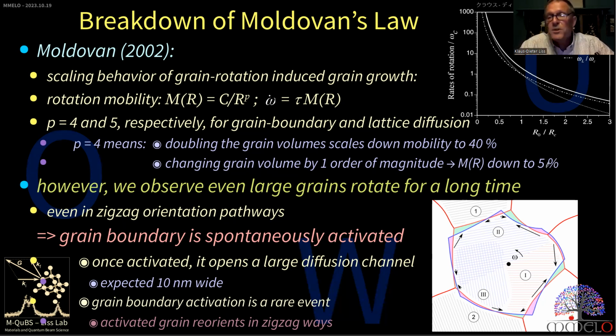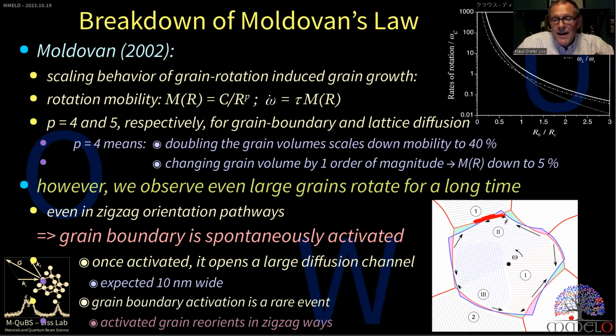However, what we observe in our data is that even large grains rotate for a long time, and even in zigzag orientation pathways. So now I come with my model. The model is that at some place, the grain boundary becomes activated, becomes active, kind of melts there.